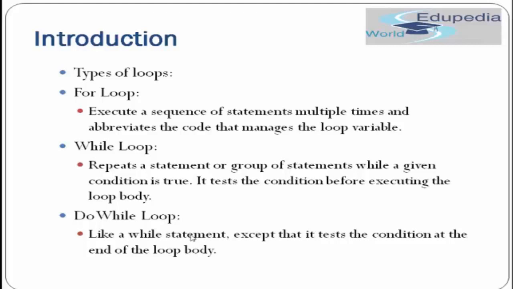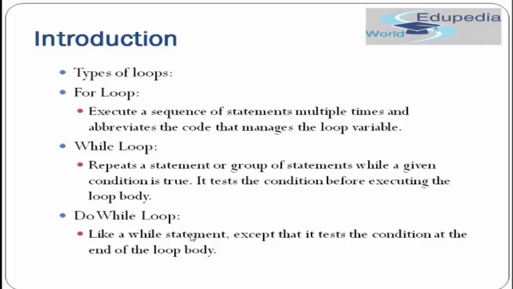Okay, now we study the types of loop. We have three types of loop. Basically, we can say we have more than three types of loop. There is also a for each loop, but all in all, it is considered a part of for loop. That's why I haven't written it over here. But we do have a for each loop, which is part of for loop.